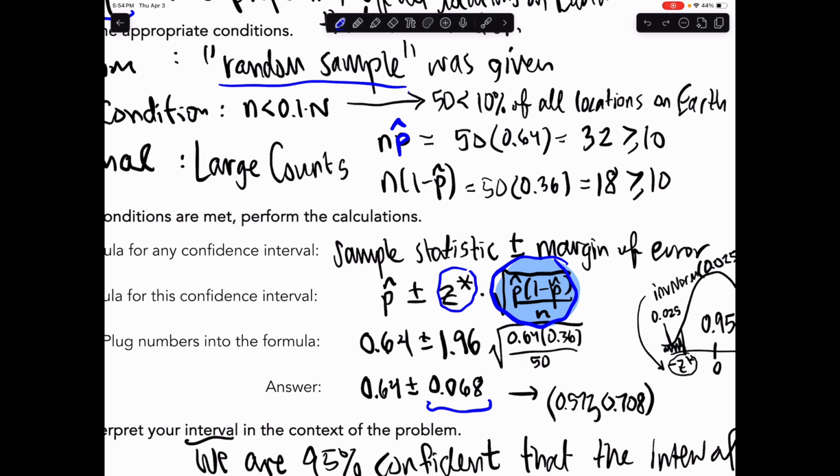So it's called the standard error, but it's basically the standard deviation still. So Z star is just how many of those standard deviations you want, times however big your standard deviation is. So for 95% confidence, it just so happens that it's about 2 standard deviations, which should make sense.